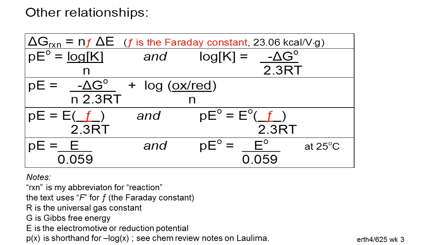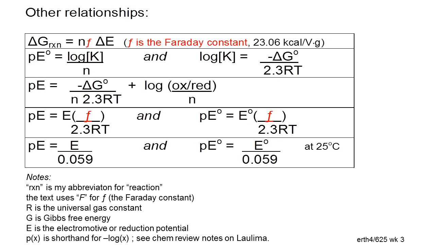So you can see some of the other equations that fall out from just algebraic manipulations of the Nernst equation, or the equation in the top box, and they're given below. And I want to highlight the bottom two boxes on this slide, which show us that when we do the operator pE, it is simply a series of constants times the E, the reduction potential.